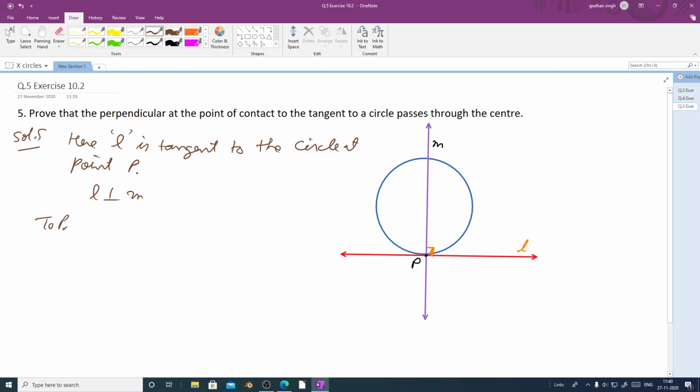What do we have to prove? We have to prove that the perpendicular at the point of contact with the tangent to the circle passes through the center. So, we have to prove that M passes through the center of the circle.